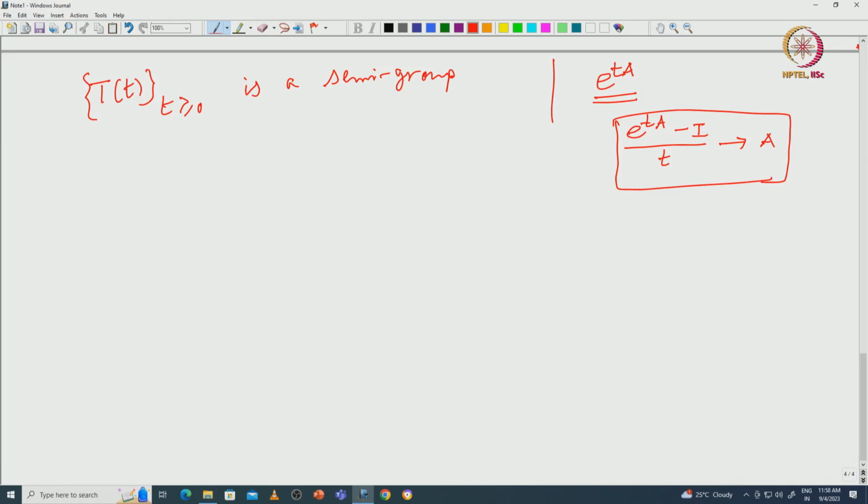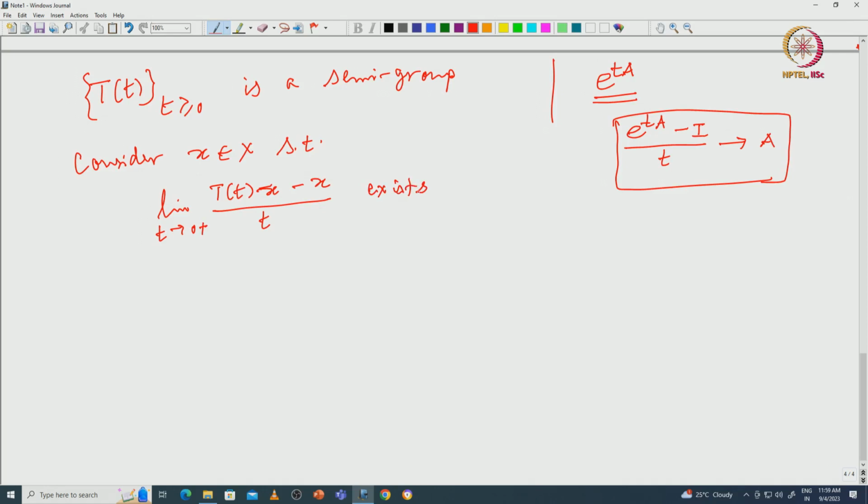introduce this. So consider x belonging to X such that the limit of (T_t x − x)/t as t tends to 0 plus exists.